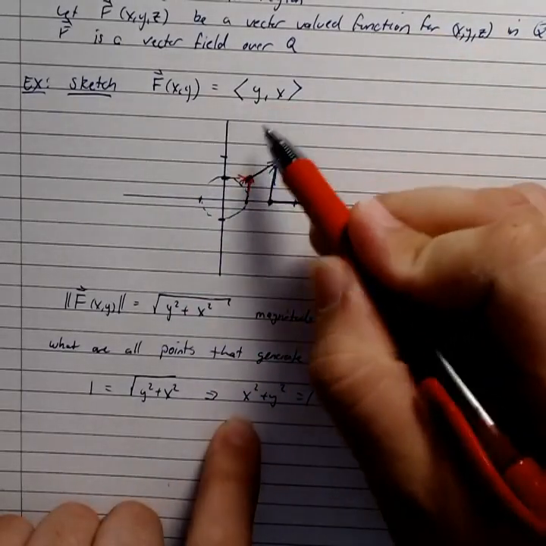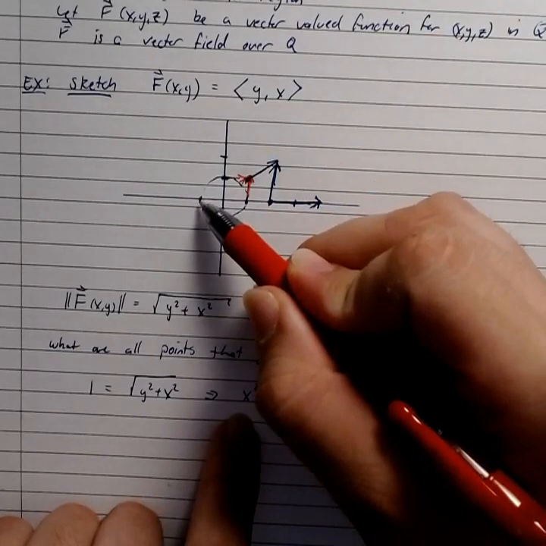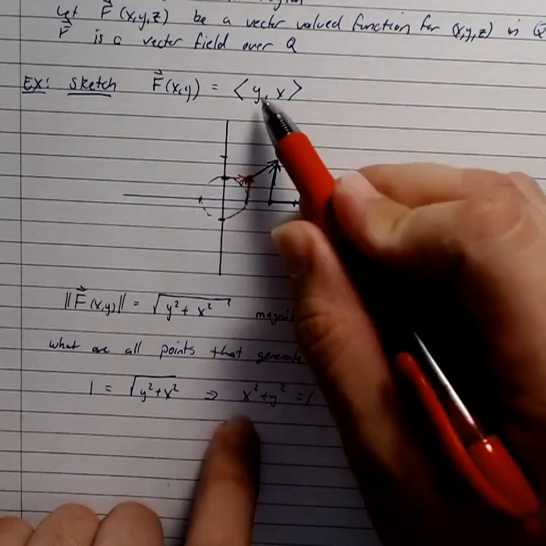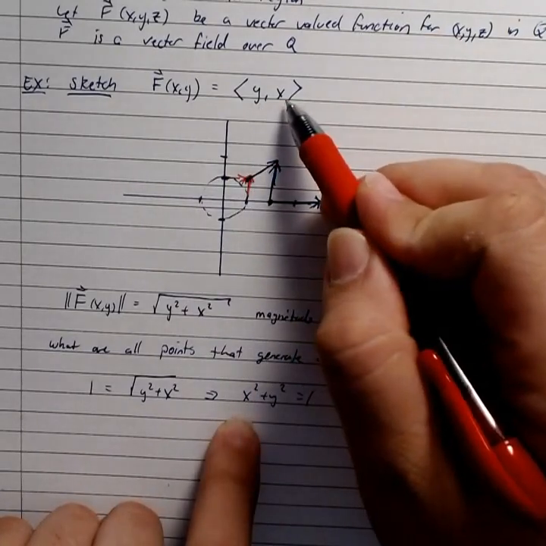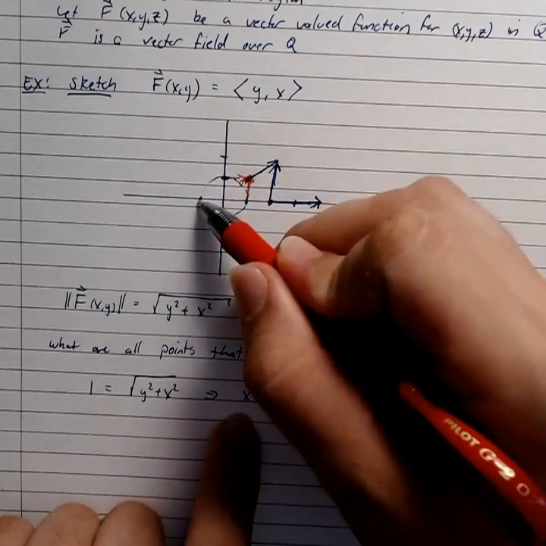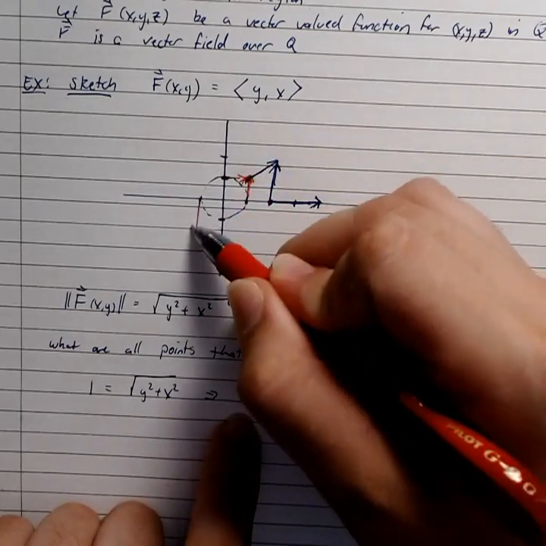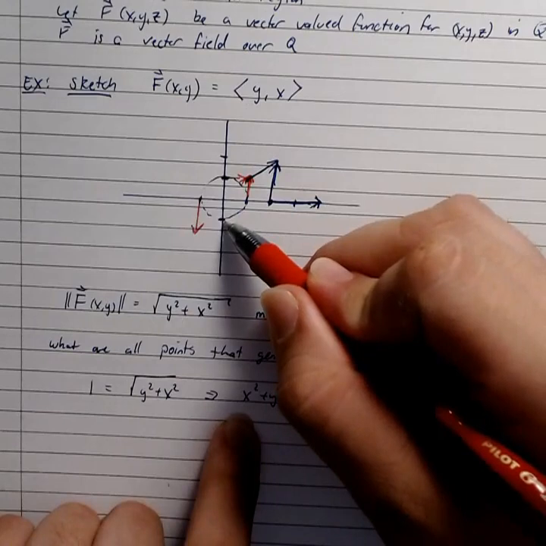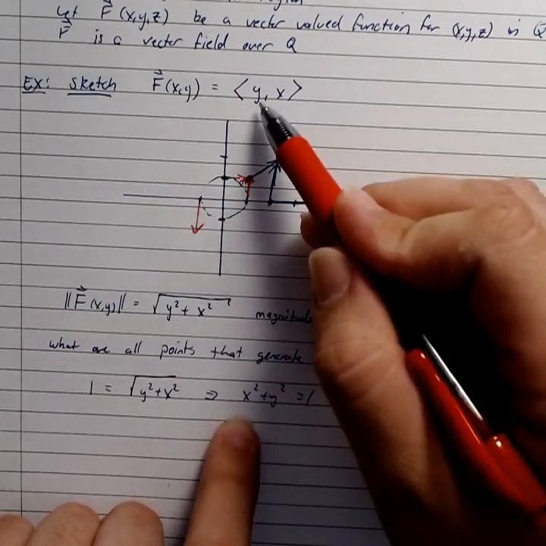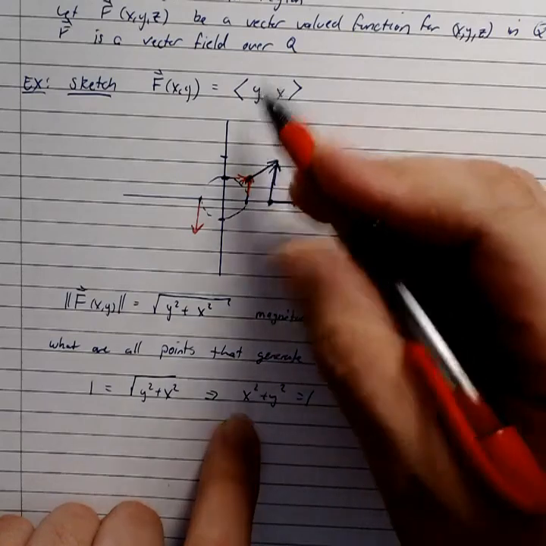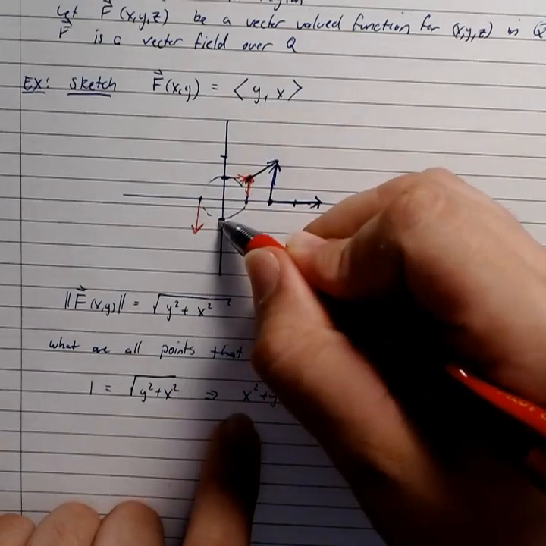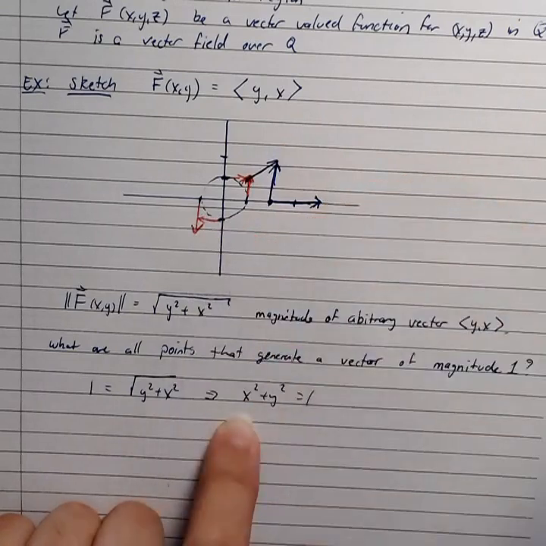Now, if we have this point, which is -1, 0, that would give us the vector 0, -1, and 0, -1 would come on down this way. And finally, this point would be 0, -1, which would give us the vector -1, 0, which would go in this direction here.